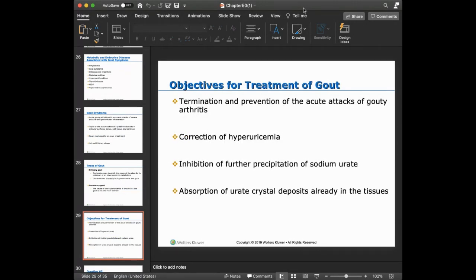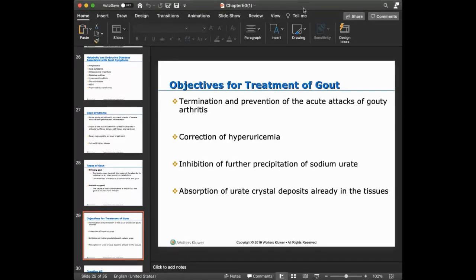So one of the primary things we do when we treat gout, first of all, is prevent those flares or acute attacks. We want to keep the uric acid levels in a normal range. So we adjust their diet and decrease the amount of foods that have uric acid in them.